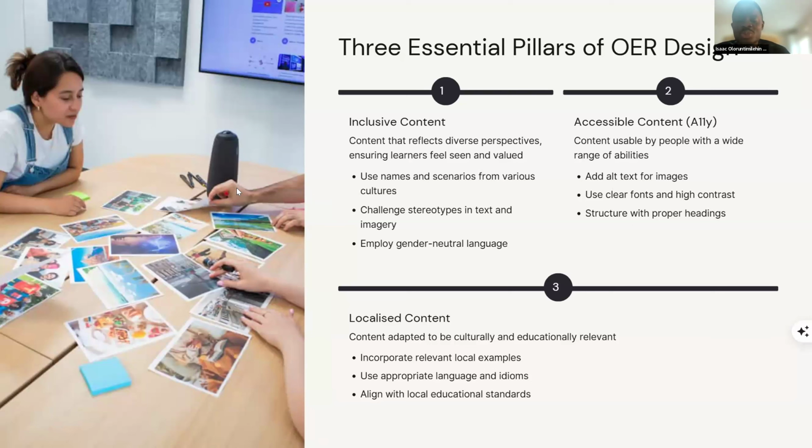You don't have to use only Yoruba names. You don't have to use only Igbo names. You can use Hausa names. You can use Igbira names. You have to ensure that by design, you make people feel that they are being seen or that they are being carried along in your educational resource.